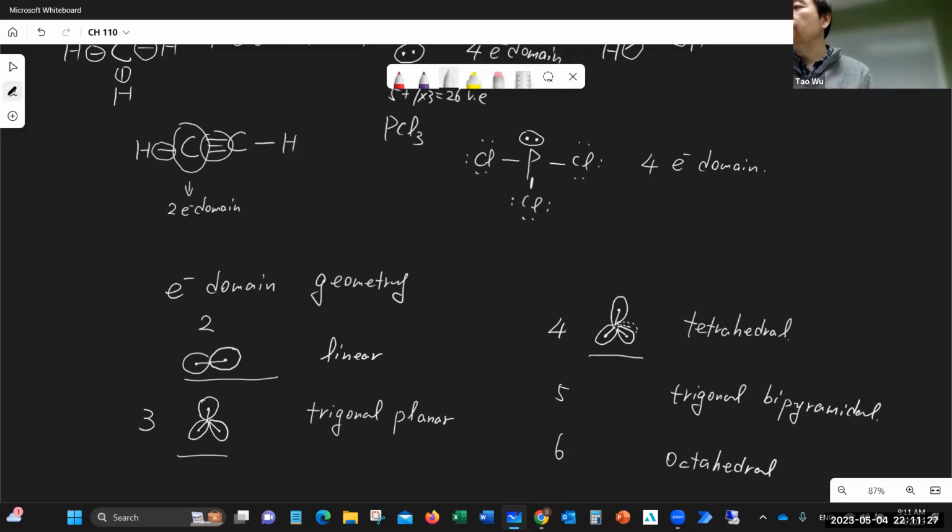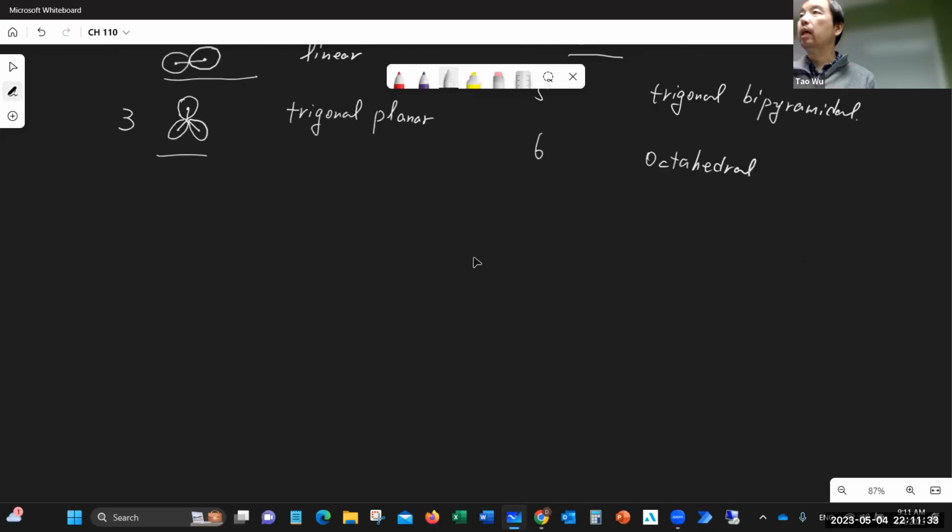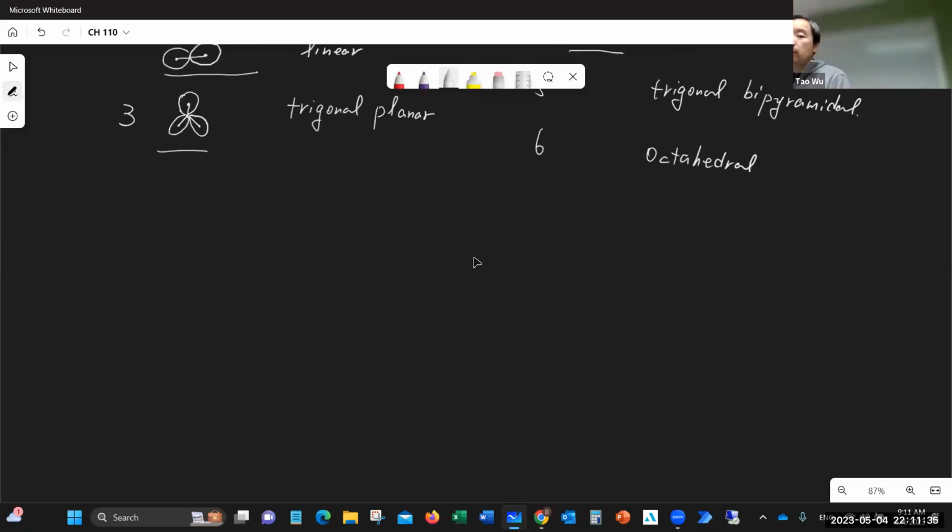Okay, so for now we know the electron domains. Then we're going to talk about the exact geometry shape of the molecules, the geometry of the molecules. So I'm going to draw a table like this.